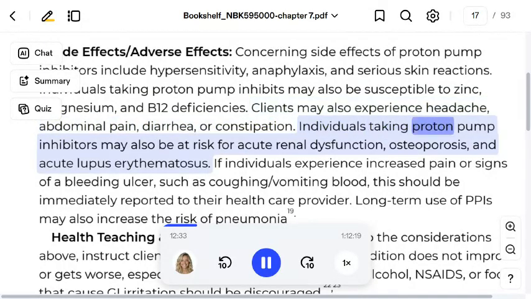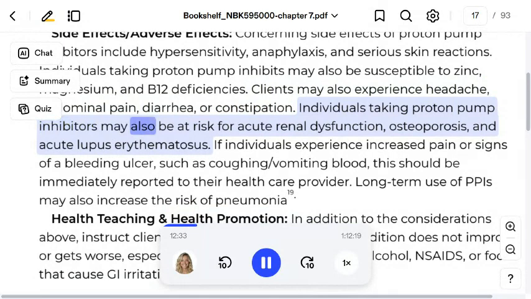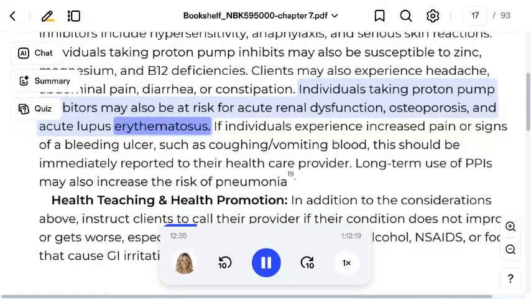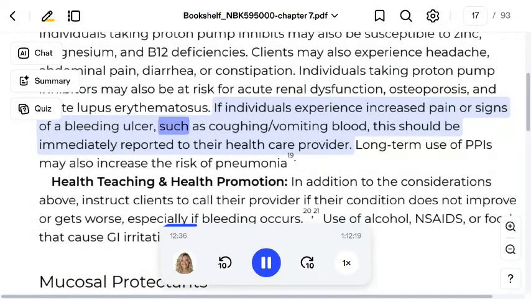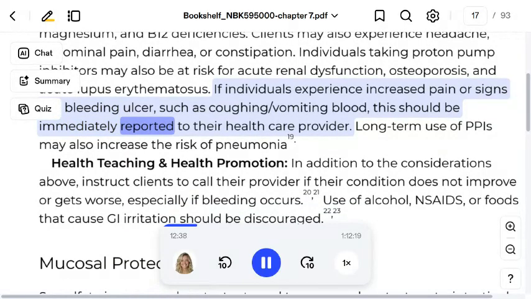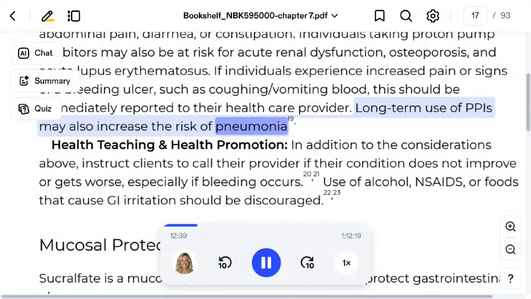Individuals taking proton pump inhibitors may also be at risk for acute renal dysfunction, osteoporosis, and acute lupus erythematosus. If individuals experience increased pain or signs of a bleeding ulcer, such as coughing, vomiting blood, this should be immediately reported to their healthcare provider. Long-term use of PPIs may also increase the risk of pneumonia.